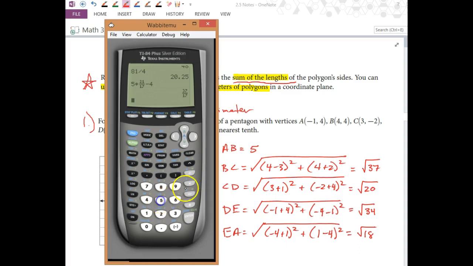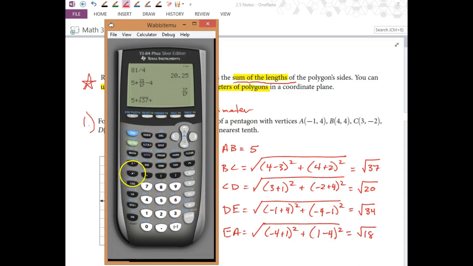You're going to hit 5 plus, everybody find the square root. You have to hit second, and it's right above the log key. 37. Then you have to hit the right arrow to get out from underneath it.